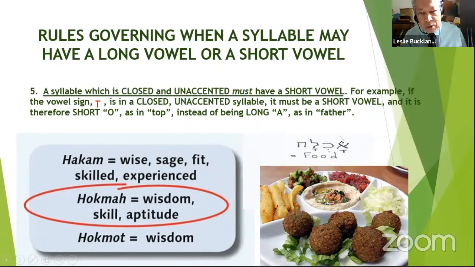It is also a syllable that has no accent, and therefore it must have a short vowel. Okla, food.